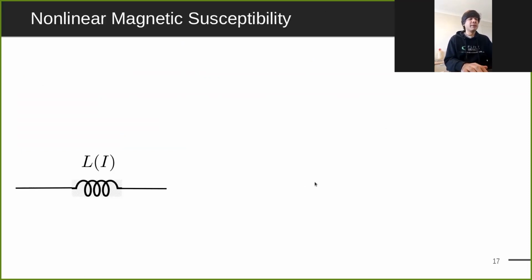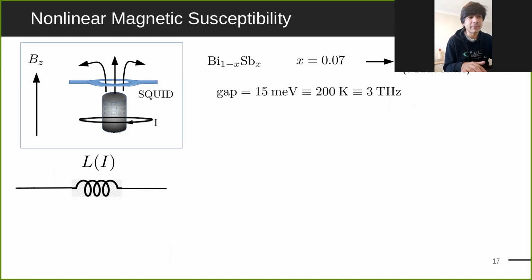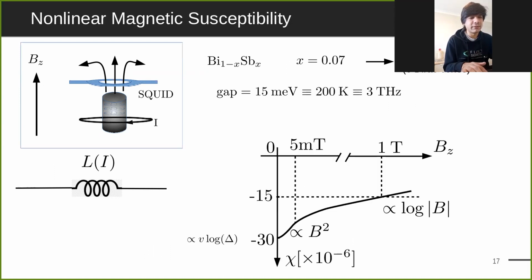And finally, when you make an inductor out of a Dirac insulator, it turns out that magnetization, magnetic susceptibility, or inductance, however you call it, depends on the applied magnetic field. Again, if you take Bismuth antimony with gap 15 milli-electron volts, you predict that you will observe a diamagnetic susceptibility that changes as a function of applied external field.